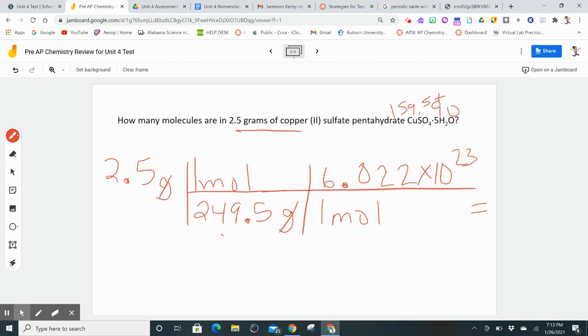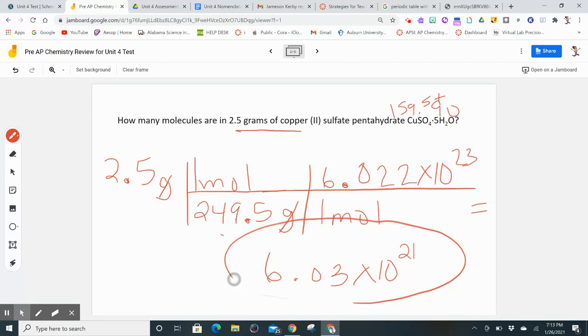So that'd be 2.5 times Avogadro's number, 6.022 times 10 to the 23rd. And then I'm going to divide by what's on the bottom, which would be 249.5, which gives me 6.03 times 10 to the 21st power molecules.